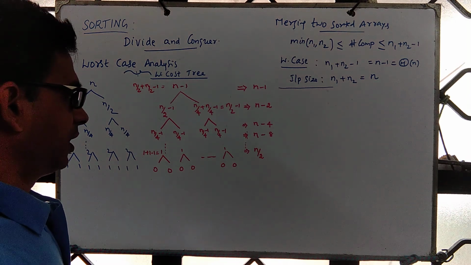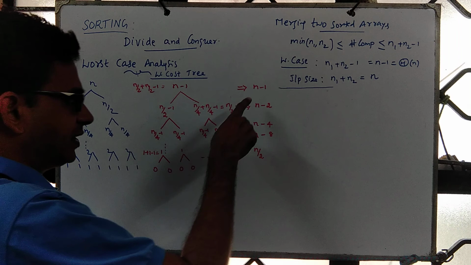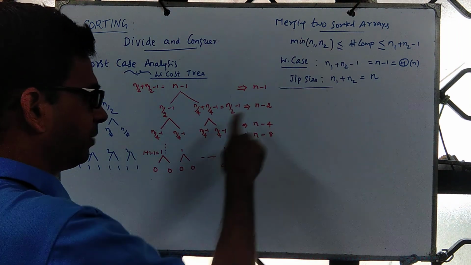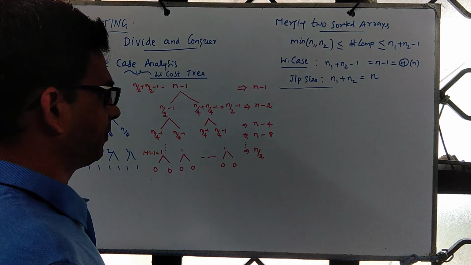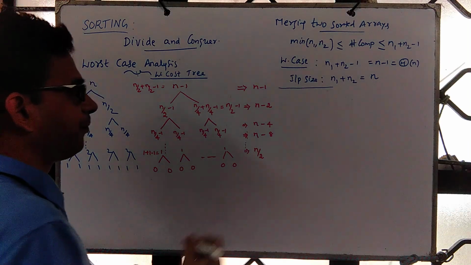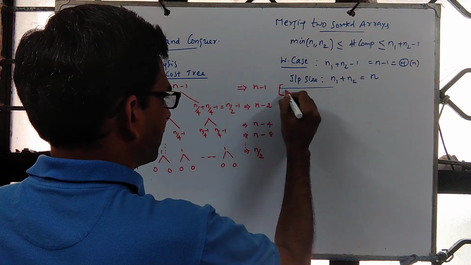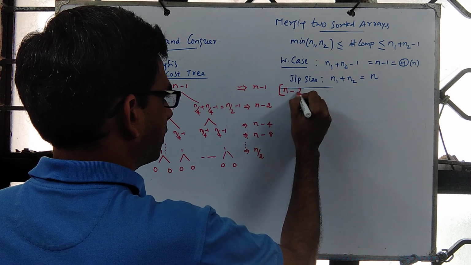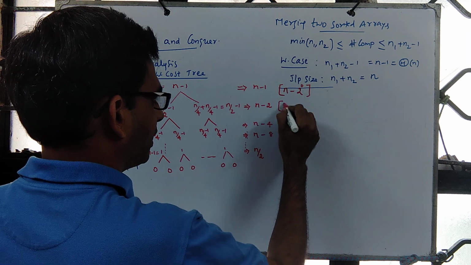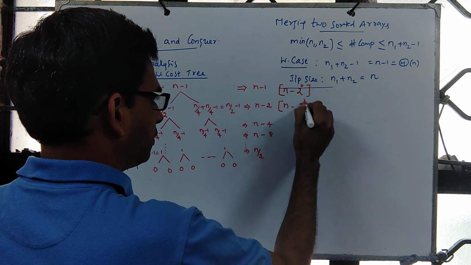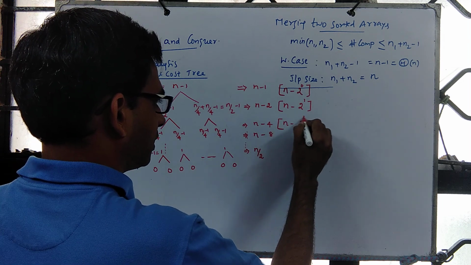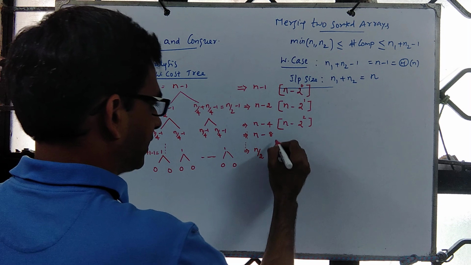Correct? Now you can see that there is a pattern. So n minus 1 and n minus 2 and so on. Now you can also look at it this way. This one is n minus 2 power 0, 0 is the level number. That is n minus 2 power 1. This one is n minus 2 square. So like that it goes.